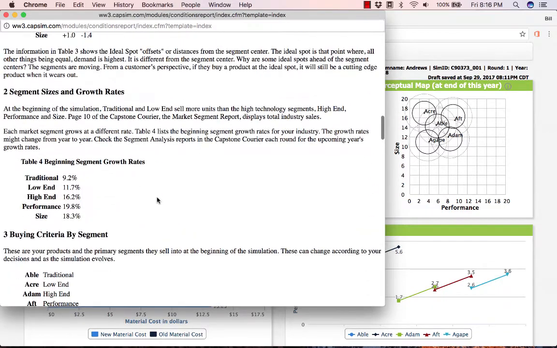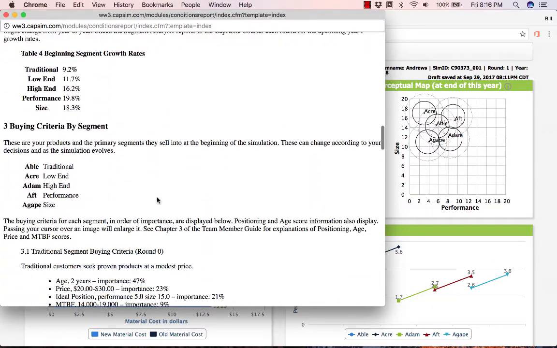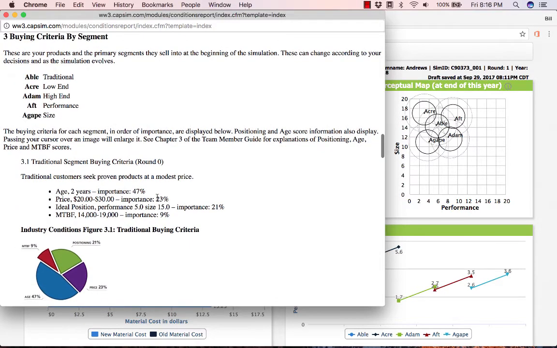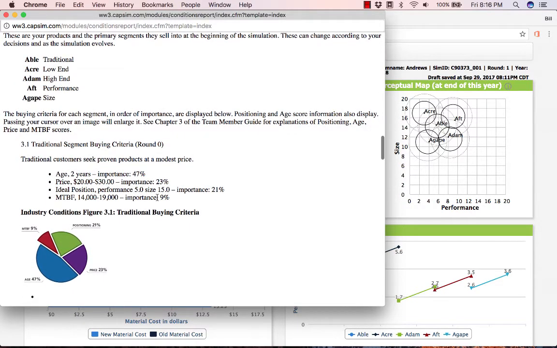As you read through here in the customer buying criteria, you will see that some segments, for example traditional, are mostly concerned about the age of the product, 2 years old, and the price of the product, between $20 and $30 a unit. So 70% of their buying criteria is based on age and price.